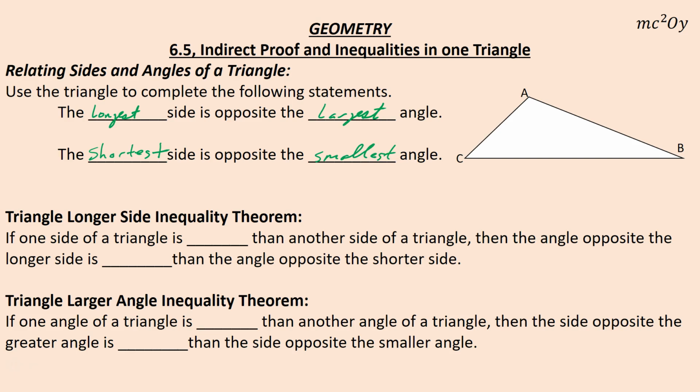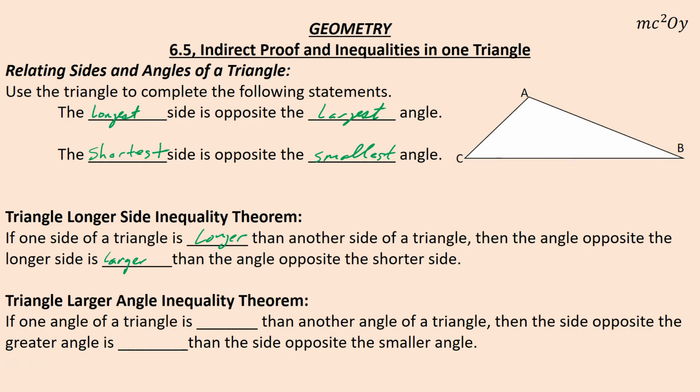It says if one side of a triangle is longer than another side of the triangle, then the angle opposite the longer side is larger than the angle opposite the shorter side. The longest side is always opposite the largest angle. In other words, it doesn't touch the largest angle. And the smallest side is always opposite the smallest angle, which means it doesn't touch the smallest angle.